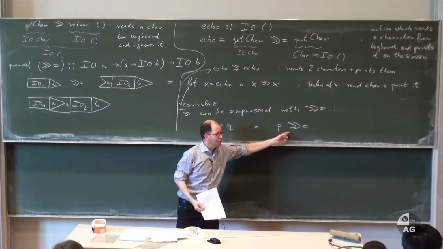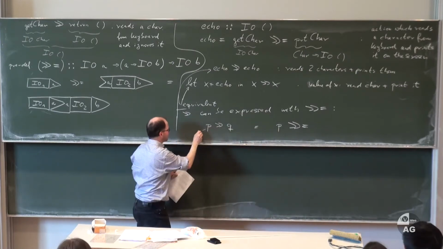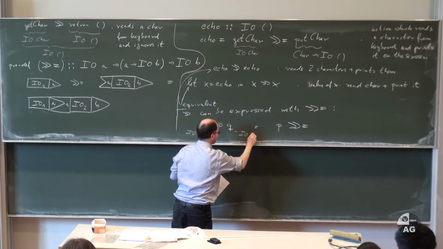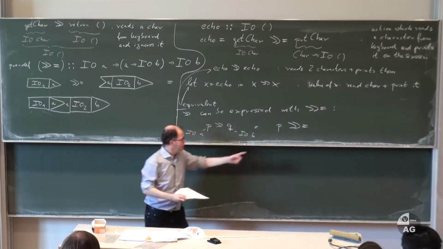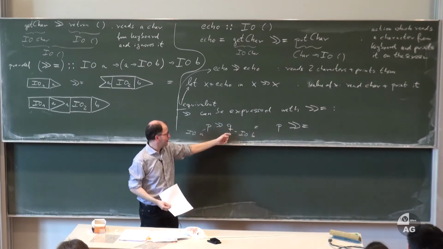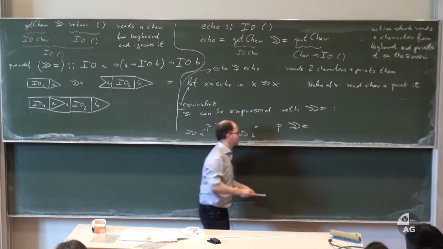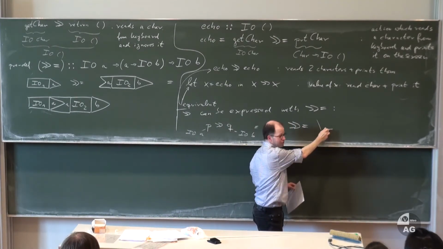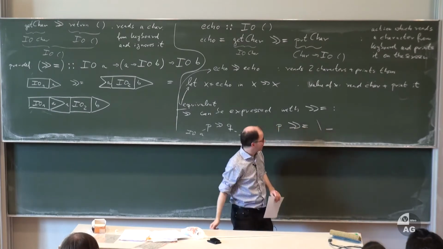Now, after bind, I need a function. This has type IO A. This has type IO B. So here I need a function that takes a value of type A and then performs Q. So I can simply take the function that takes the value of type A. I can call it x, but since I don't need this value, I call it underscore.